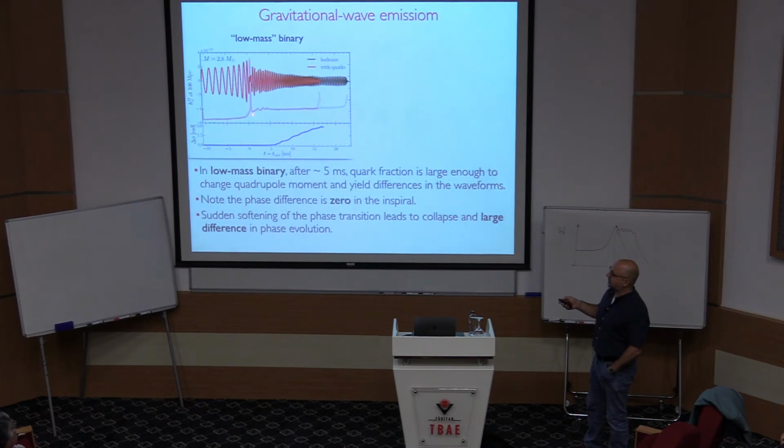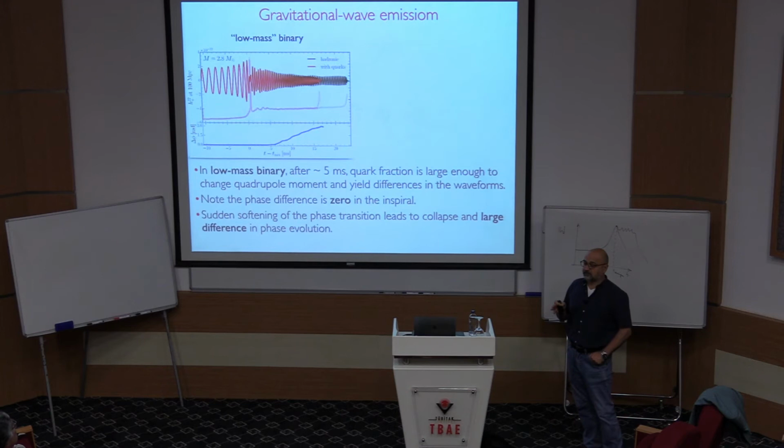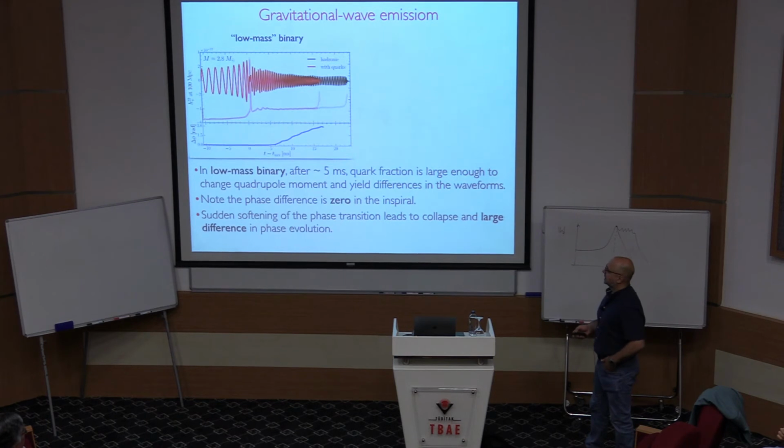There is no appearance of hyperons or quarks, and everything matches what you would expect for a hadronic equation of state. Which also means that you know that the collapse would happen at a given time. And so if the collapse happens earlier, that is a strong signature that there was a phase transition. So it's a mismatch between what you see in the inspiral and what you actually see after the merger. That would be a signature.